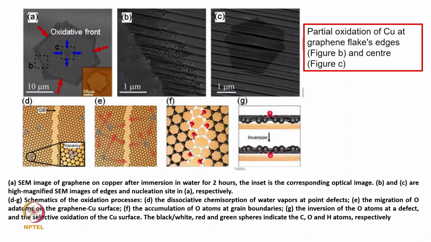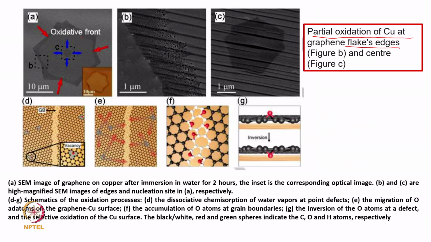Now, to explain this in more detail, I will take one reference, where we have shown figures A, B and C. Whatever I mentioned in the previous slide, the copper, is shown here with partial oxidation of copper at the graphene flake edge. The graphene is giving some sort of conducting path, or a path for water to ingress inside the copper, and that has been shown here.